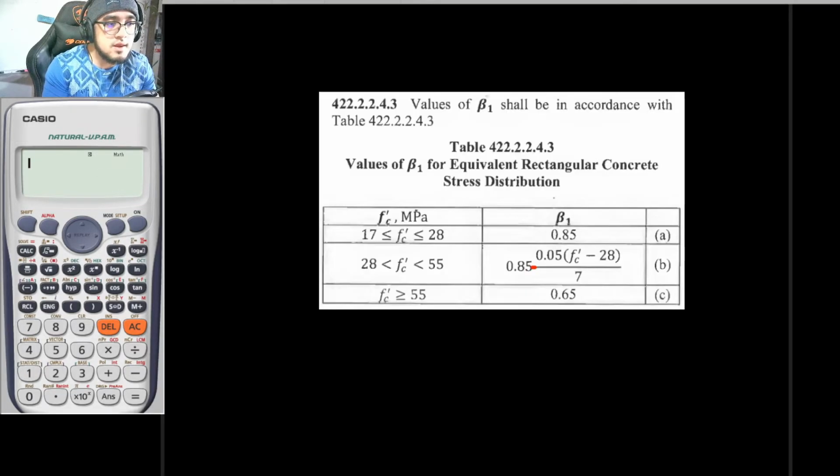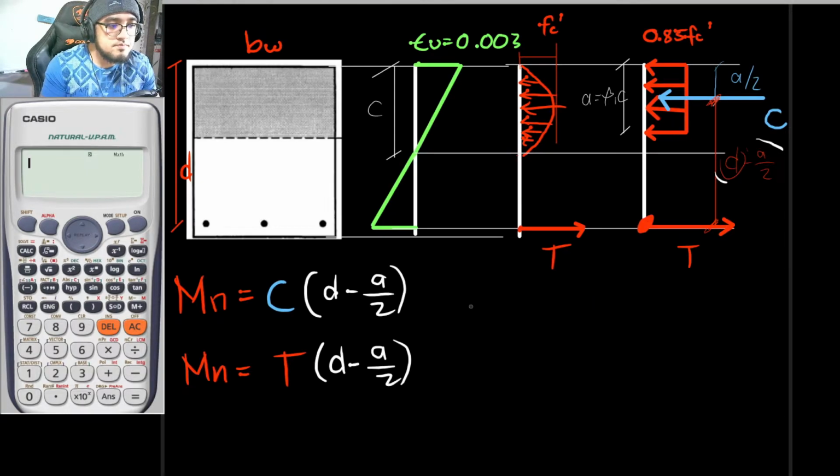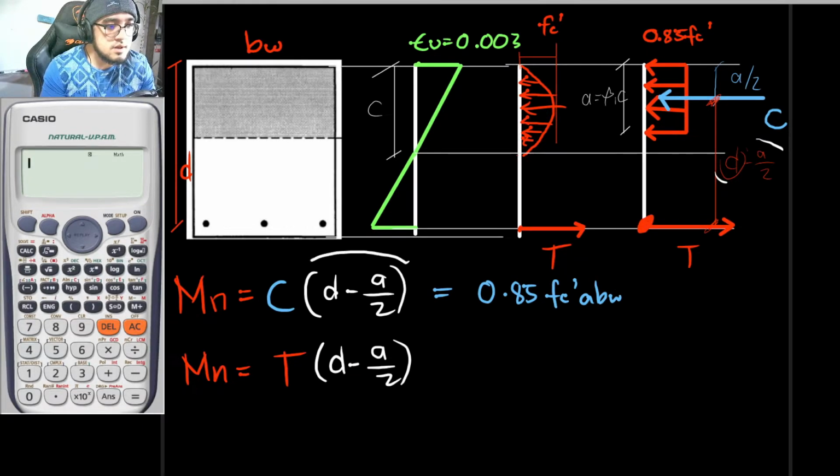So I will just be writing them here. So C is now equal to 0.85 Fc prime A BW times, of course, this one, so times D minus A over 2. And for your tension, that is basically the total area of your rebars.